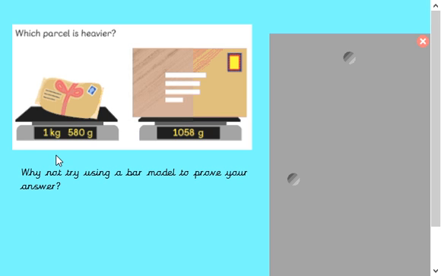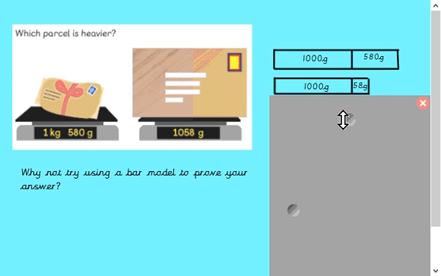Okay, the first thing I would do when I'm solving this question is, it's really difficult to compare, so I'd need to change this one so it's completely in grams. So I know that 1,000 grams will be 1 kilogram, so it will be 1,580 grams. Now, if I want to show on a bar model what I've got here, as we've just said, we have 1,000 grams and then 580 grams.